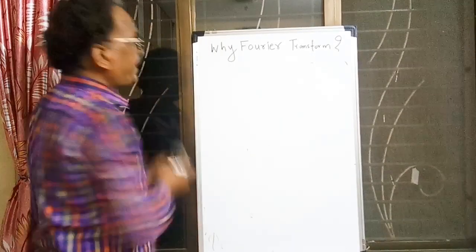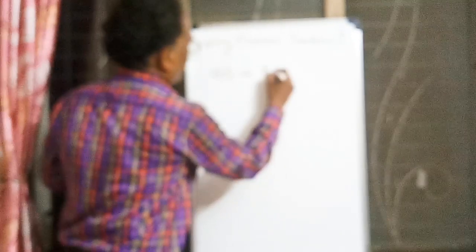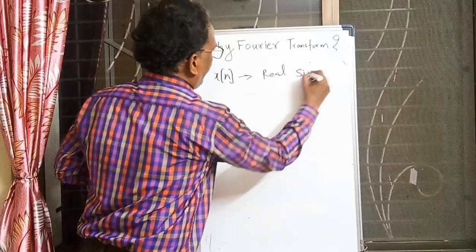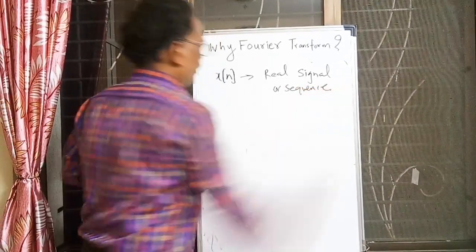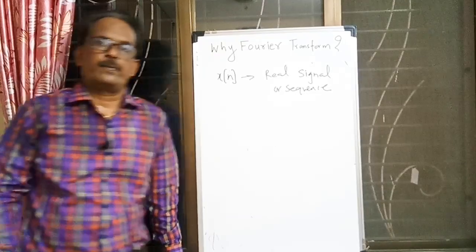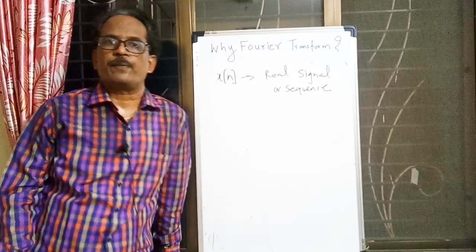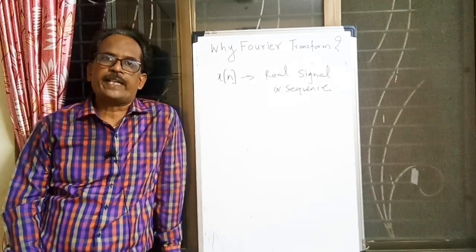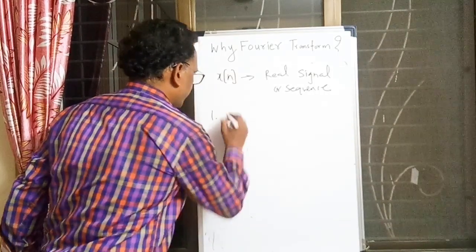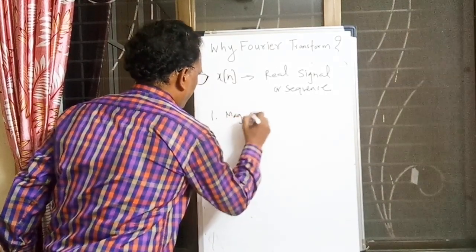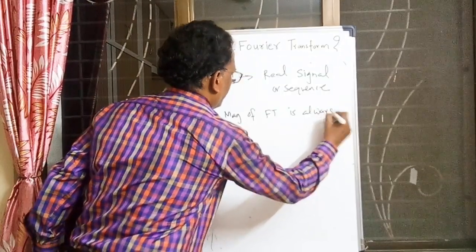So what we took here is x of n. It was a real signal. That was our assumption: it was a real signal or sequence. So this was our assumption, and by using the formula of the Fourier transform and by doing certain operations, we came to the following conclusions. Number one, the magnitude of the Fourier transform is always symmetric.